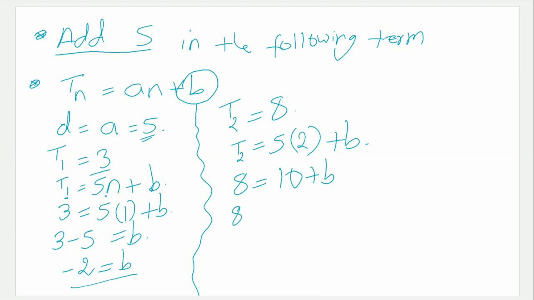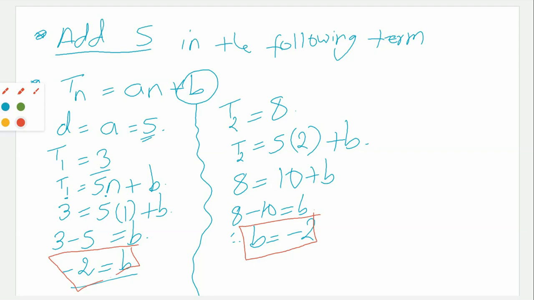So 8 minus 10 is equal to b. Therefore the value of b is equal to negative 2. So you can see that our value of b is the same, negative 2.